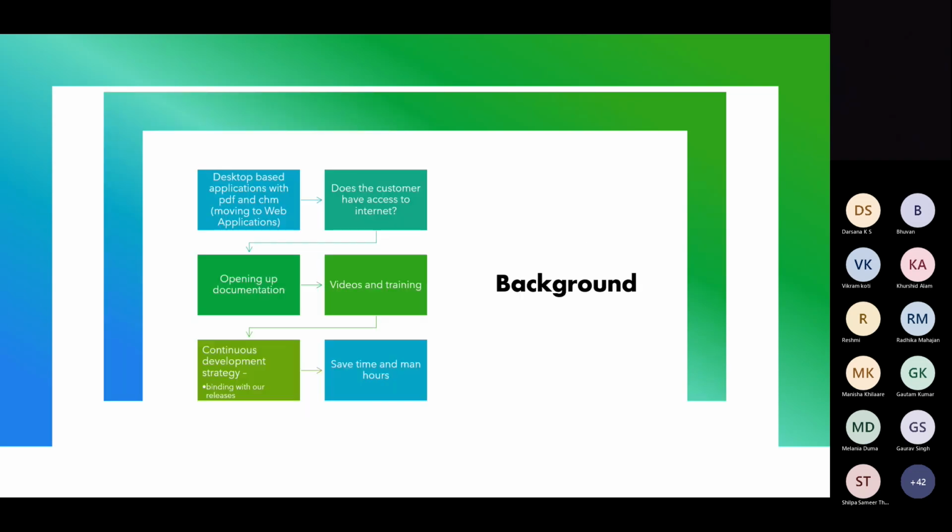Our applications were desktop-based applications, and the way we gave out our documentation was through PDFs and CHMs. I know a lot of people would not know what a CHM is.